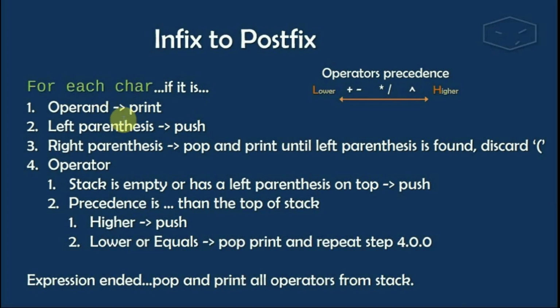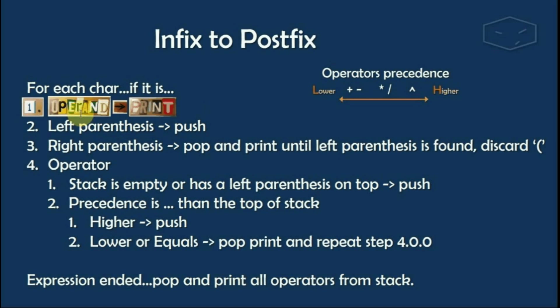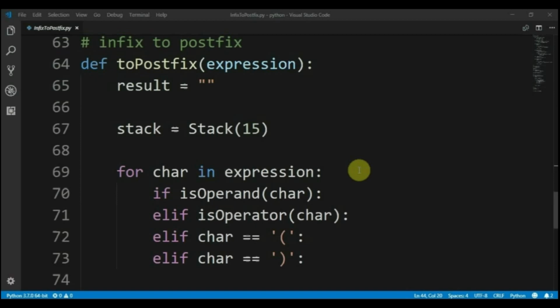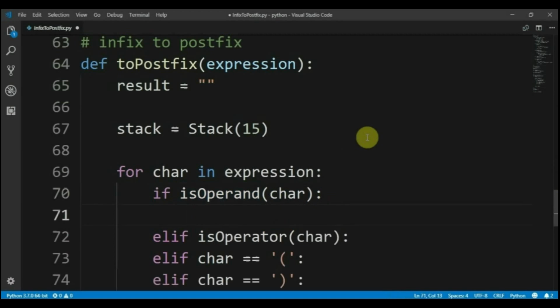Now it's time to do the operations itself, the actions. So the first one is if the char is an operand, we must print. Back to our code, we just have to go here, is operand, and since we have a result, a string, we just have to do result plus equals char.